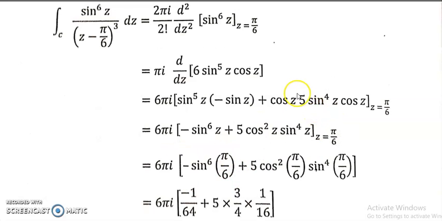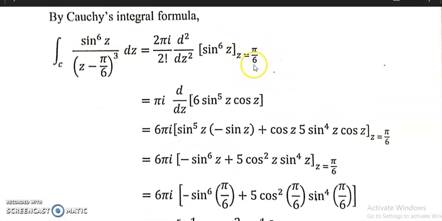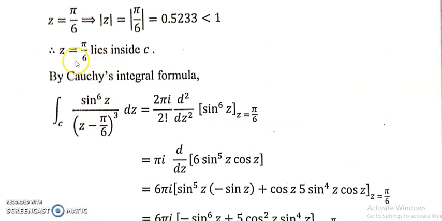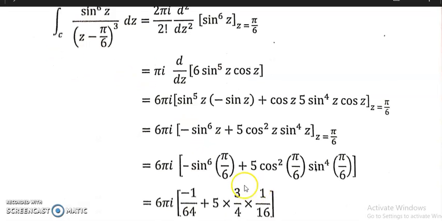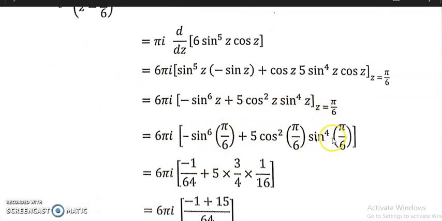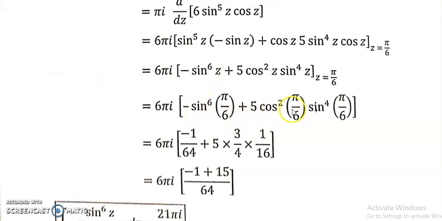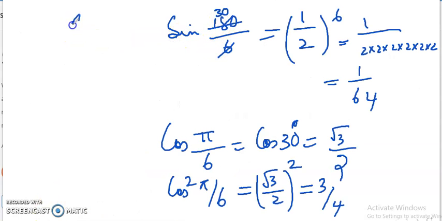Now at the point z equal to pi by 6, instead of z we have to take pi by 6. We should know the values of sine pi by 6 and cos pi by 6.